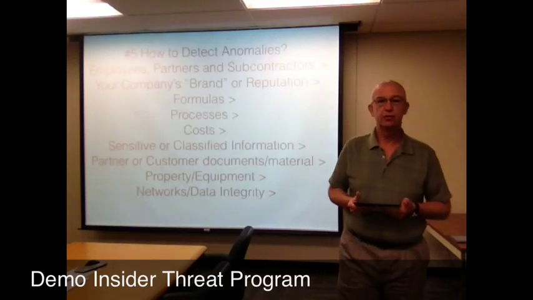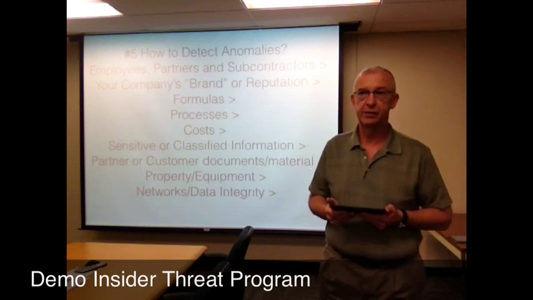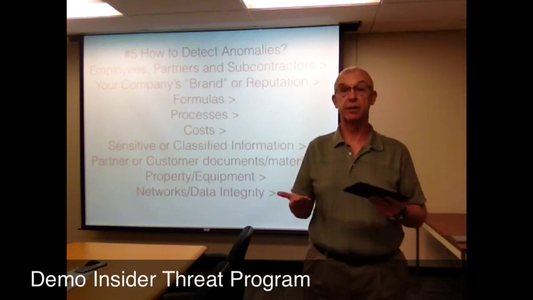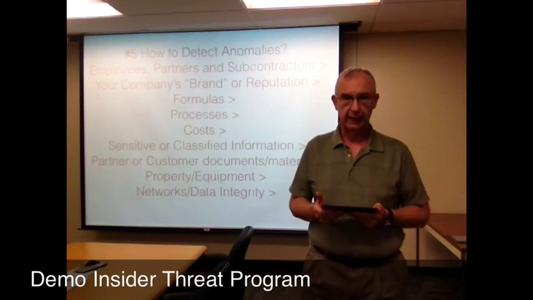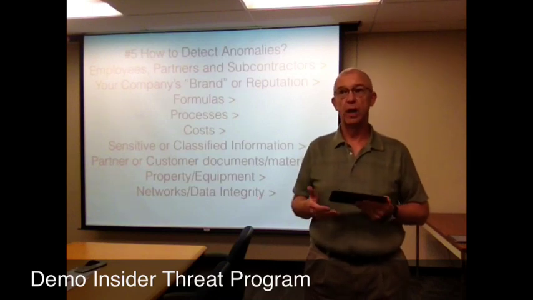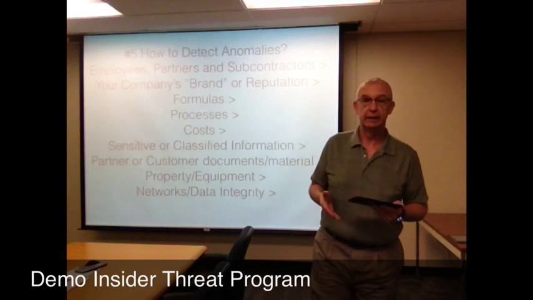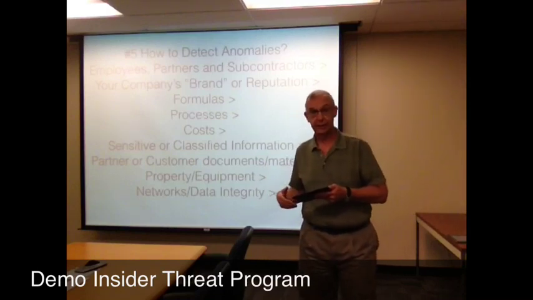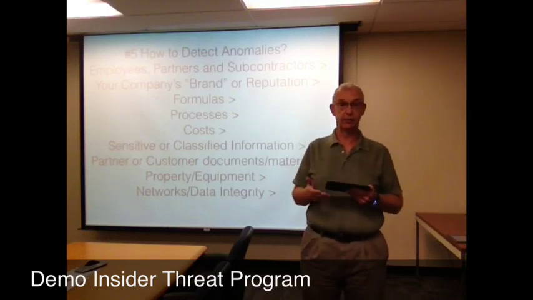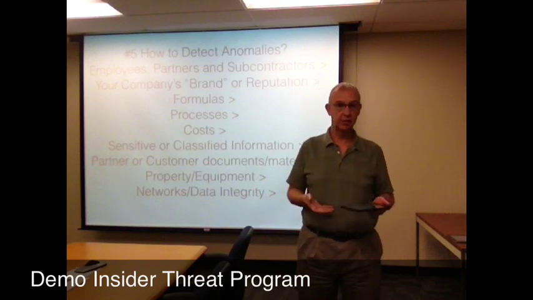How do you detect anomalies so that you can determine whether something is wrong in your employees? If one day an employee comes in very happy and joyful, and prior to that he's always been a very quiet, reserved type person, that's a change.